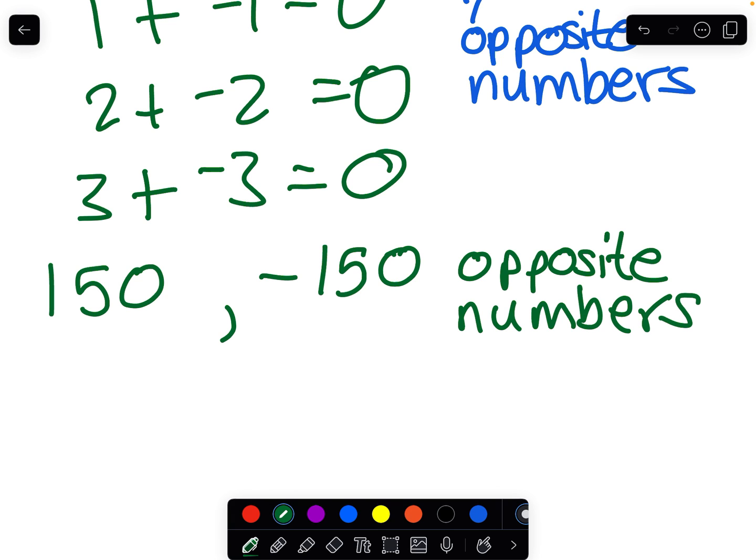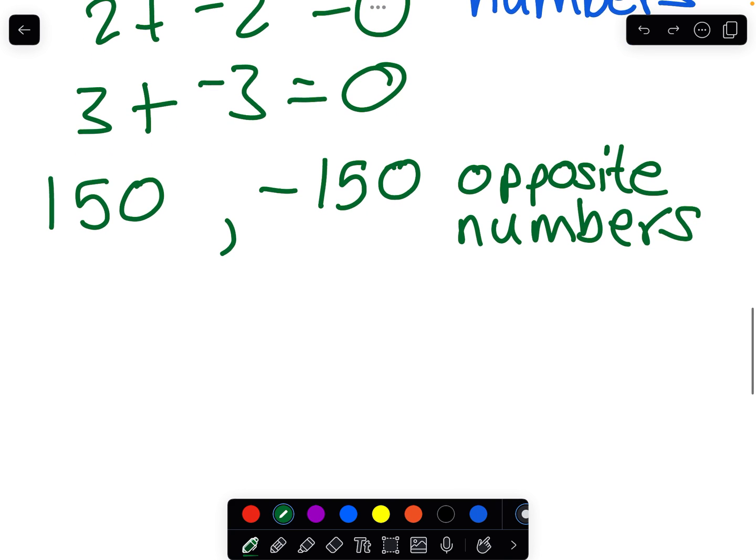And you might be thinking, well, this 150 doesn't have a sign. Well, oftentimes when we are working with positive and negative numbers, we can insert the positive sign, as with the opposite numbers 3 and negative 3, to keep track of what our signs are.